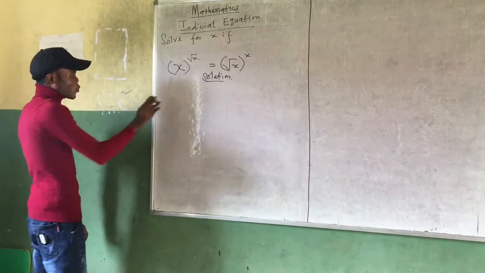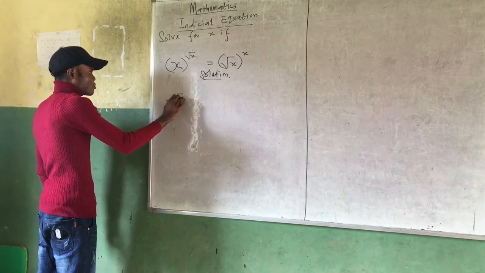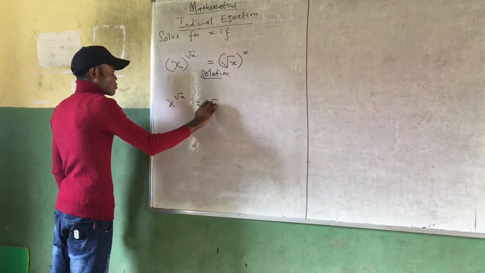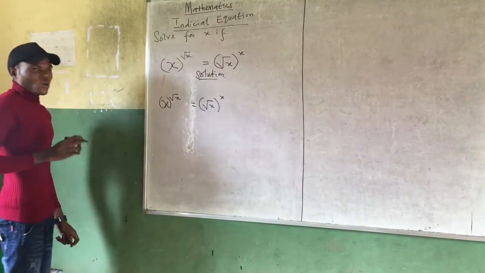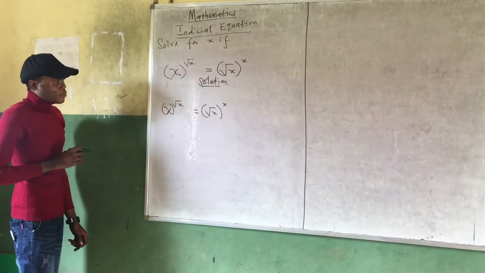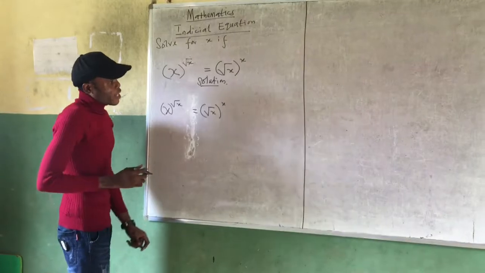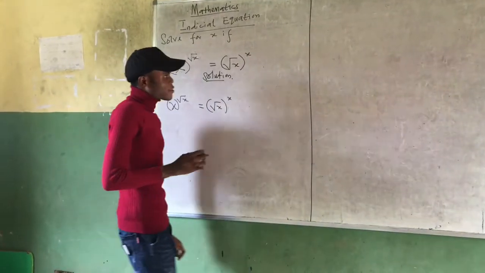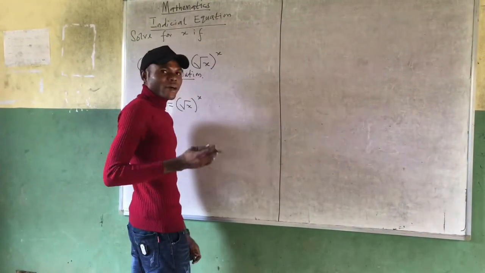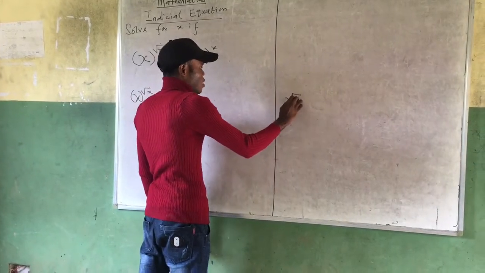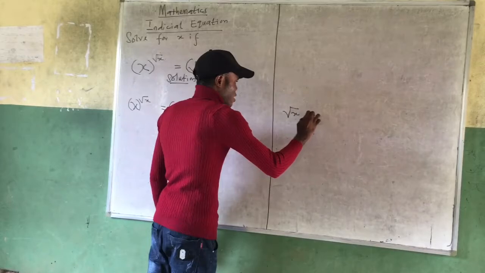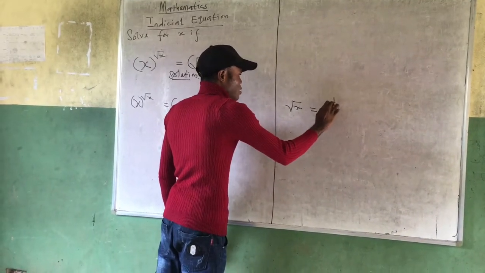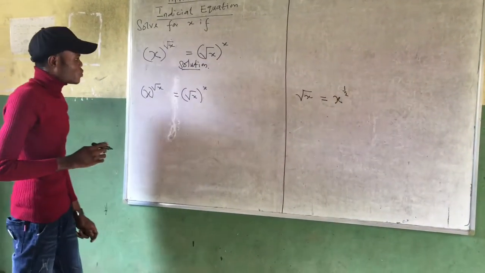Let us write the question again. So how do we solve this problem? Mind you, let me quickly say this. In mathematics, if you have something such as root x, this can be expressed as x raised to power 1 over 2.